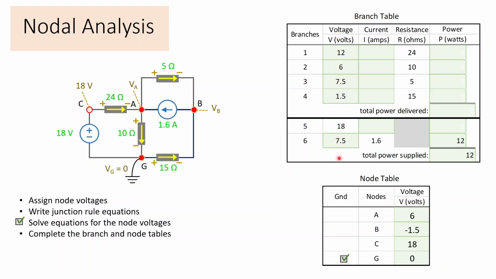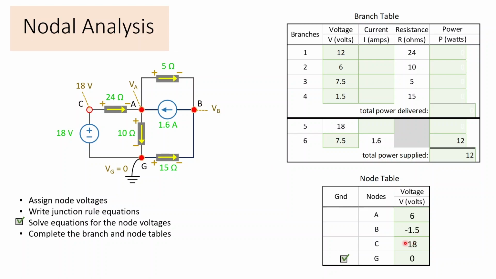We want the absolute value of the difference in node voltages for the nodes that connect the branch to the network, right? So for the 15 ohms, for example, G was 0 by choice, B was negative 1.5 volts. So we say for the 15 ohms, 1.5 volts, not negative 1.5.